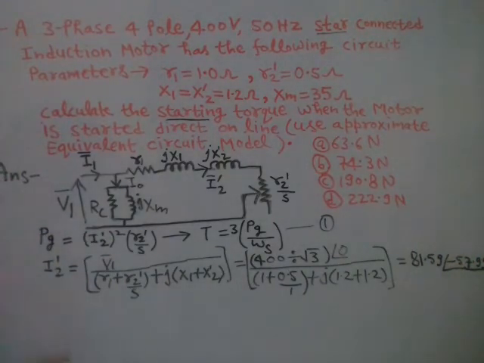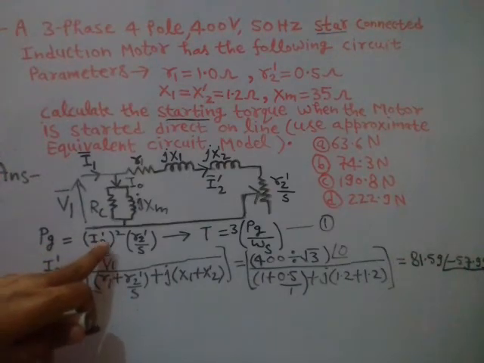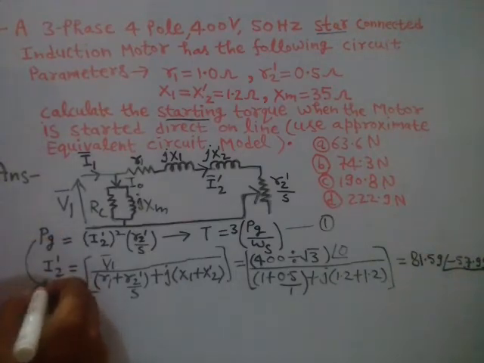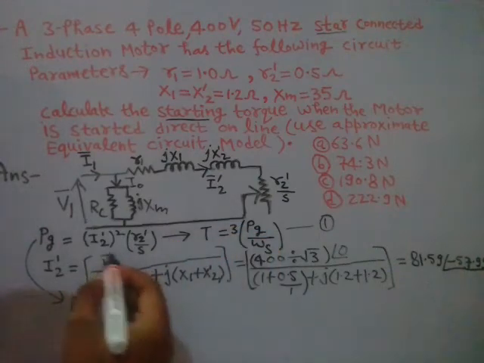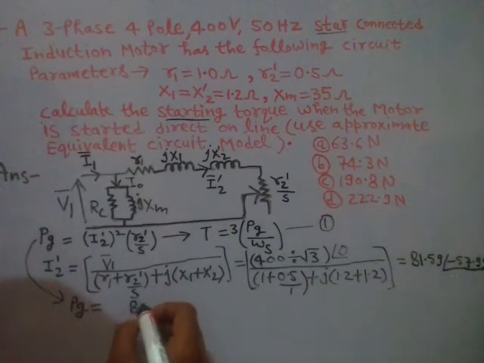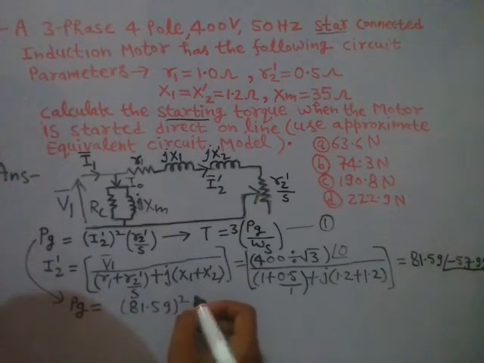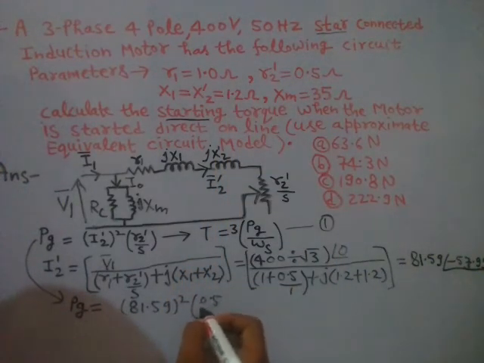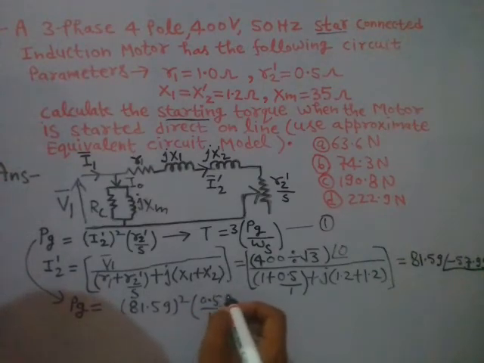So now you have calculated I2 dash. Put this value of I2 dash into the air gap power expression, that is I2 dash square R2 dash by S. So from here you can calculate the air gap power PG. We will take the magnitude, so 81.59 squared, and R2 dash is given as 0.5 ohm, and the slip is basically unity, right?